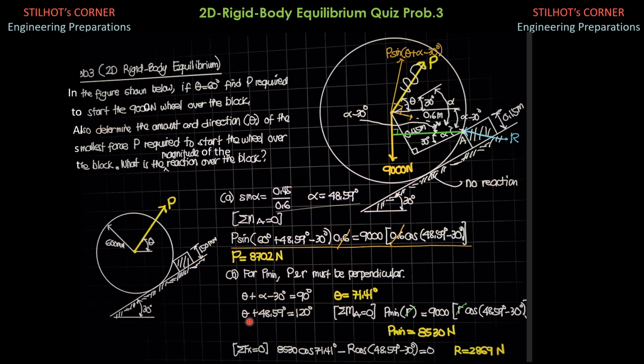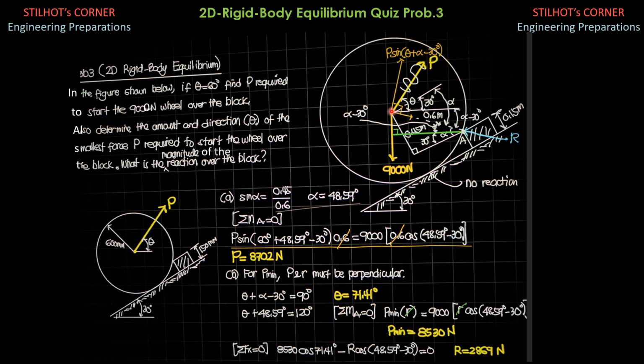So theta plus 48.59 degrees equals 90 plus 30, so 120. Theta can now be solved. This is the angle of inclination of P with the horizontal, acting at the center of the wheel, so that P will be minimum. Having found theta, we sum up moments about A equals 0.